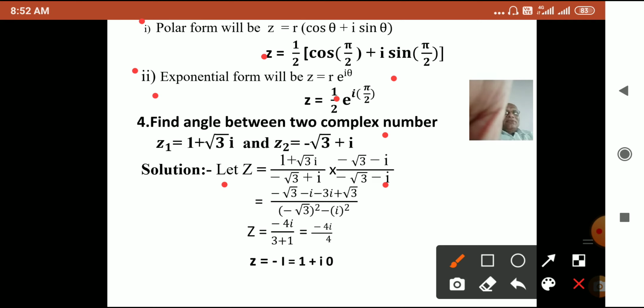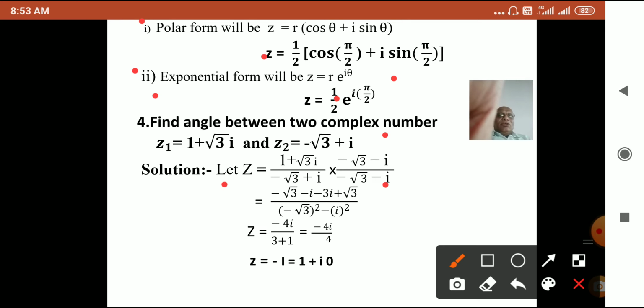So dividing we get 4, and on the numerator side this will be 4i. Now we get the complex number as z equal to i, which is equal to 0 plus i.